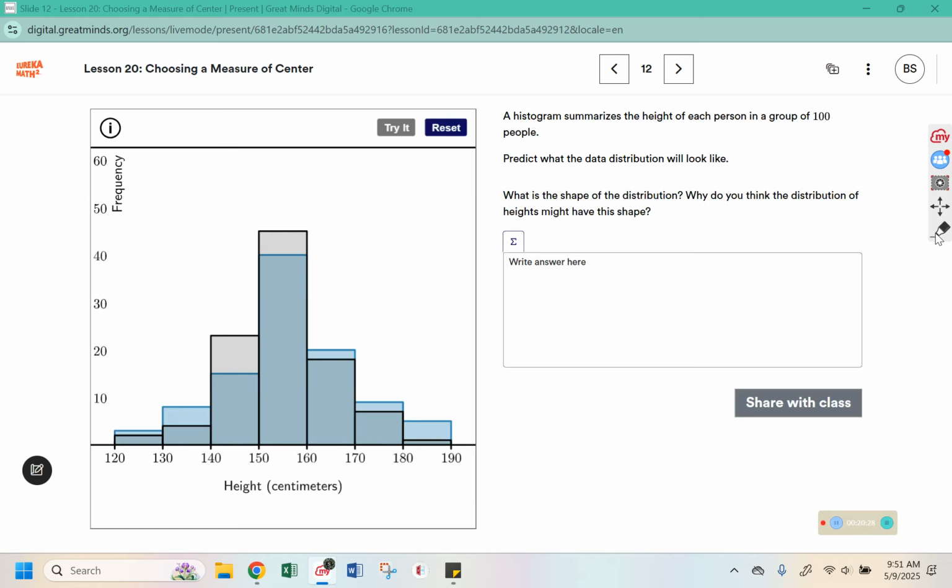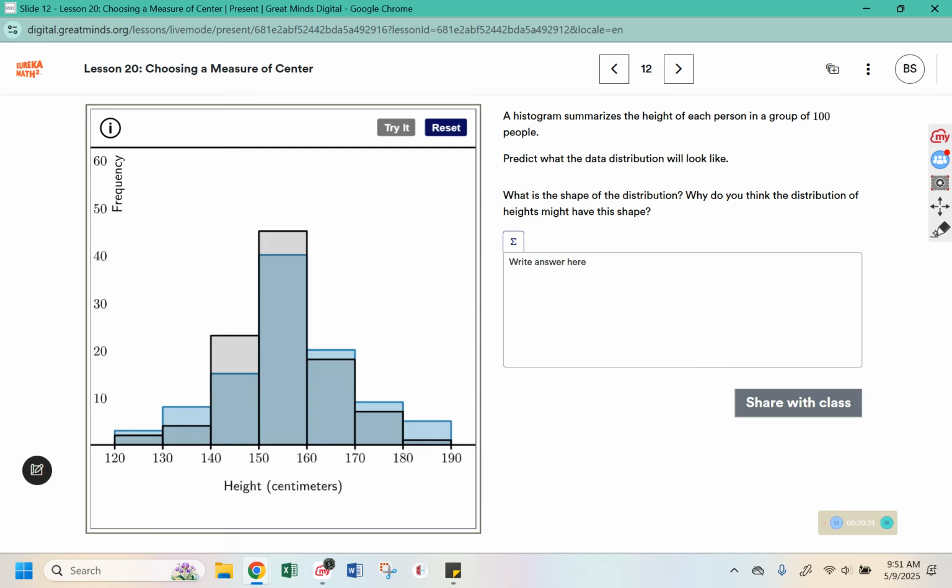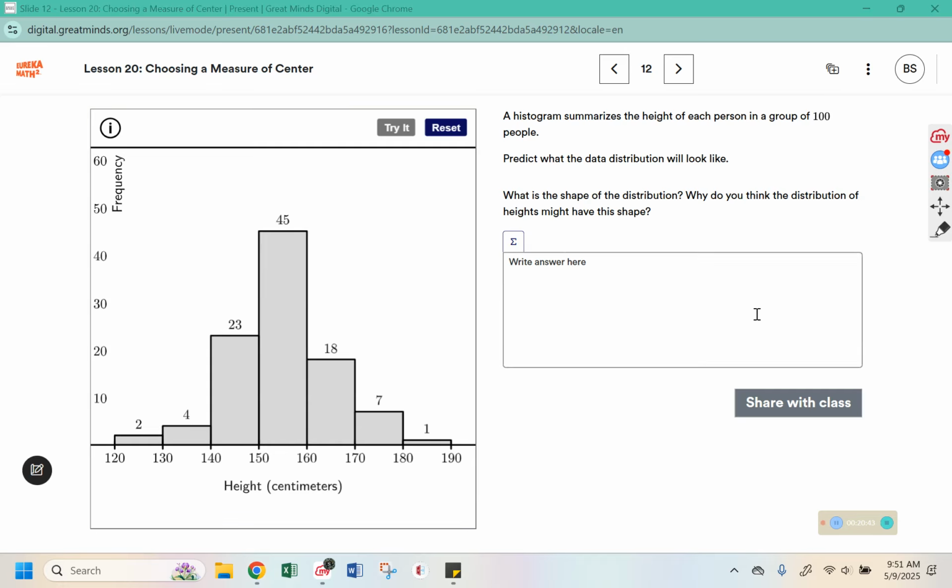So I was correct in thinking that the middle would be the highest and we decrease as we go, but I didn't get them exactly. It says, what is the shape of this distribution and why do you think the distribution of height might have this shape? This one is approximately symmetric.